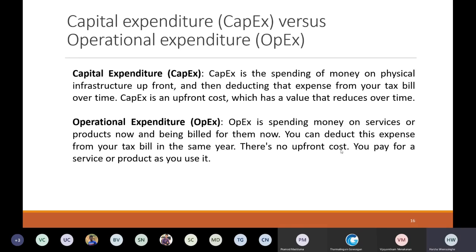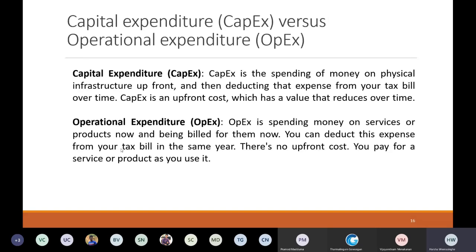But once cloud computing came, this term operational expenditure came in. These are the two approaches of investment that we can refer to. When you are working with the cloud, mostly you are getting this expenditure. It is spending money on services or products now and being billed for them now.